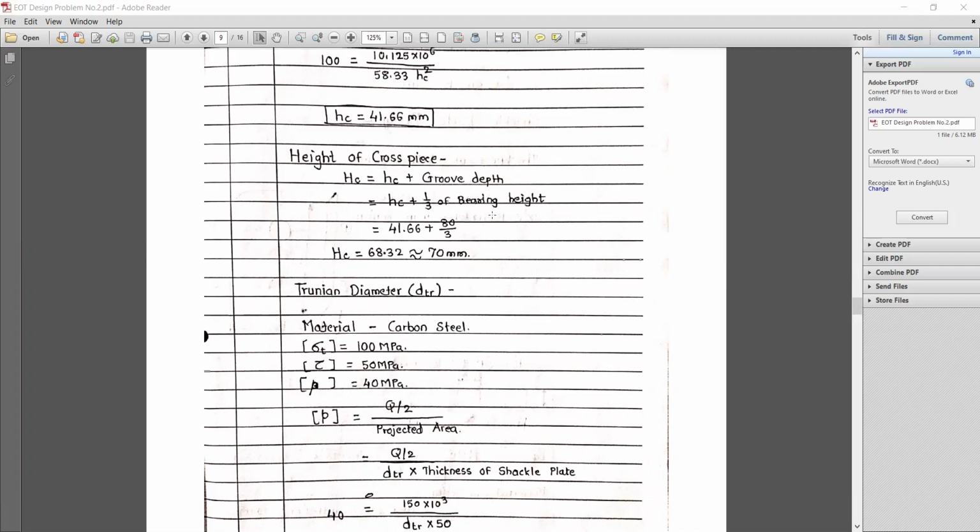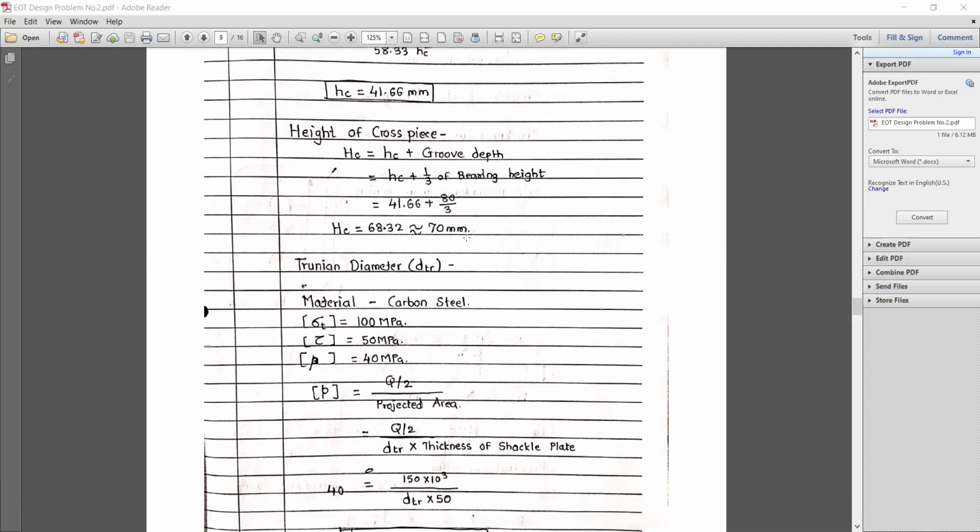If we increase the depth of that groove, the strength of the crosspiece is reduced, so with the strength criteria also we have to just give a guide to the bearing, and we don't have to fit it tightly. We just have to give the guide, because the total load applied is axial, so because of that load it will not move.